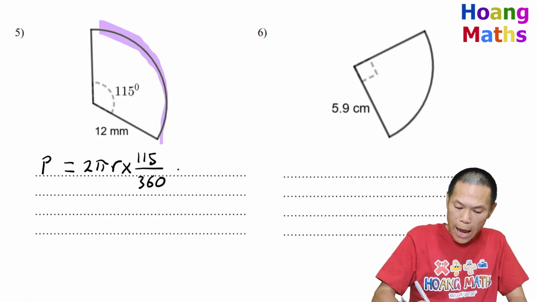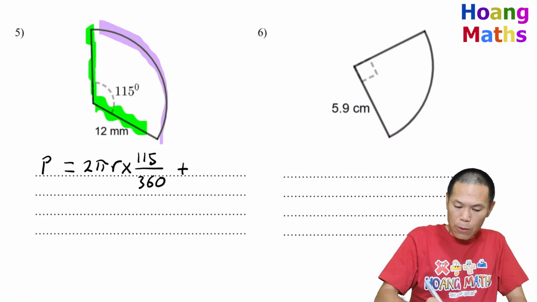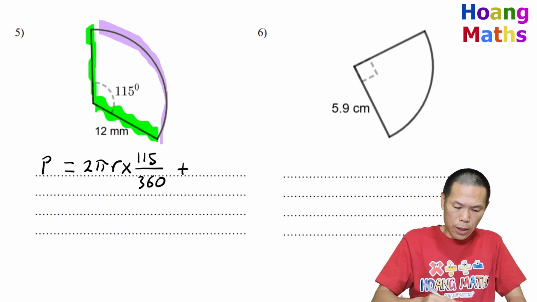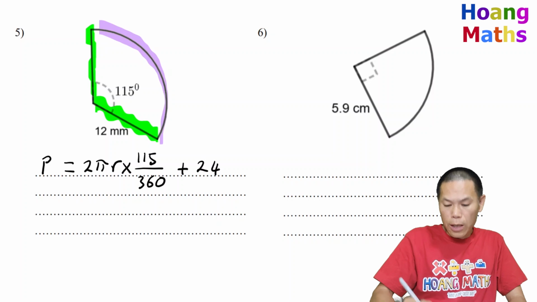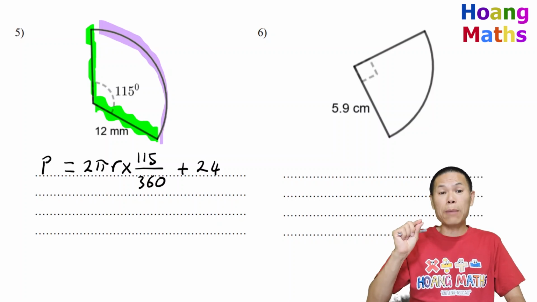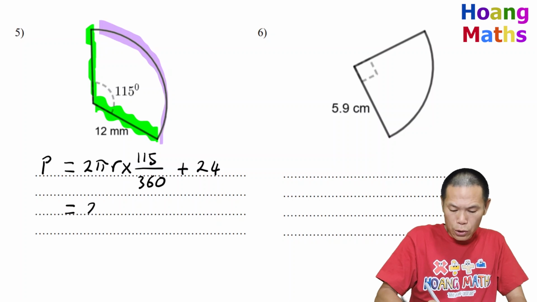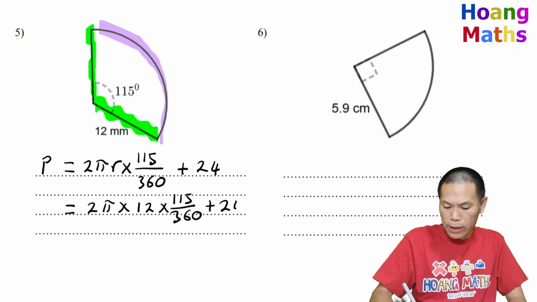And then we need to add this length here. So that will give us 24, because 12 plus 12 is 24. So we just write 24. And of course, you can just write 12 times 2 if you wish. So that is equal to 2 pi times the radius, that is 12, times 115 out of 360, and we add 24.